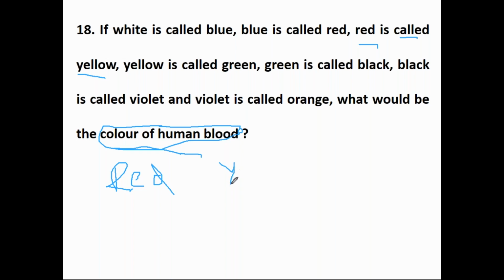Yellow, sir. What is the substitute for red? Red is called yellow. So the answer is yellow.